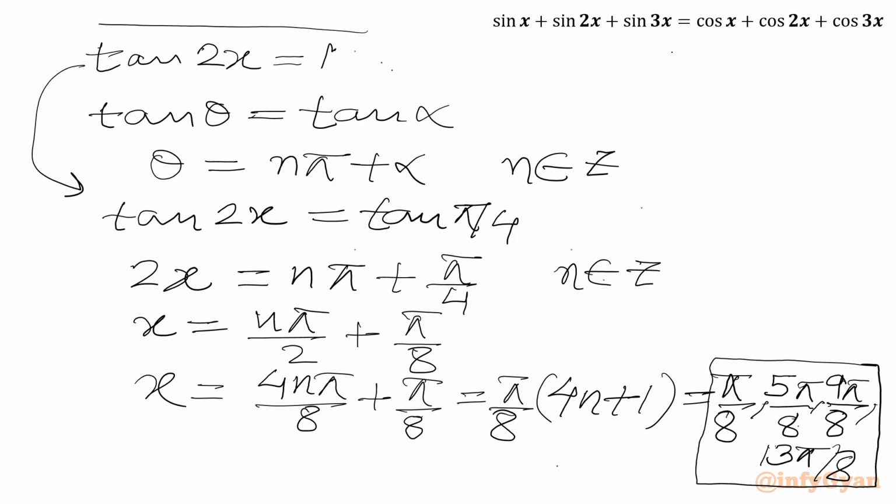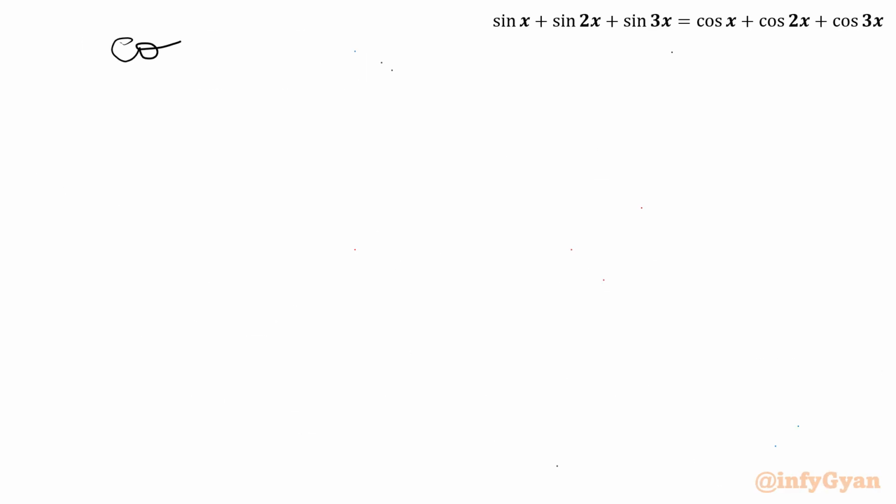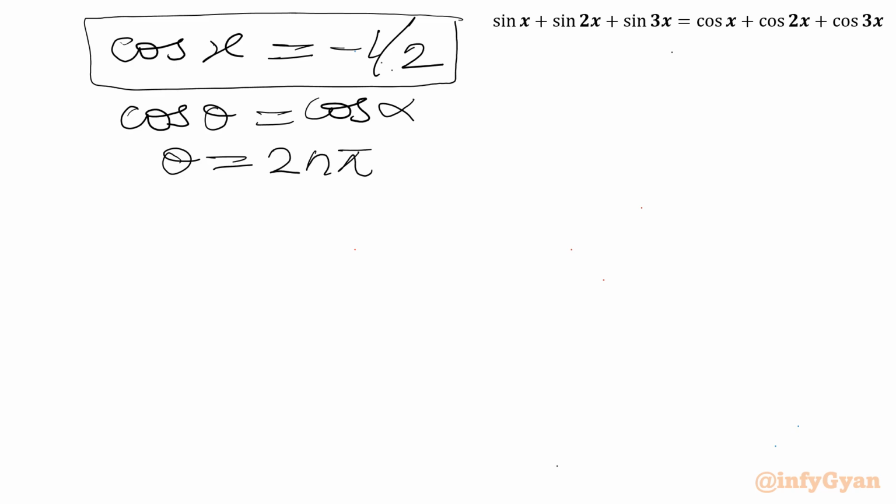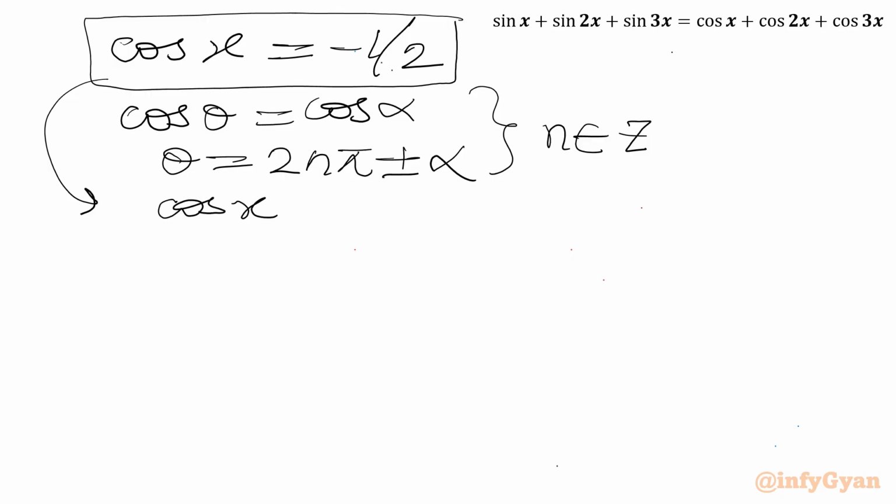Now the turn of the second equation, cos x equal to negative half. First I will write the general formula. If cos theta equal to cos alpha, then theta will be equal to 2n pi plus minus alpha, where n belongs to integer. From our equation, cos x equal to cos 2 pi over 3. So in place of theta it is x.